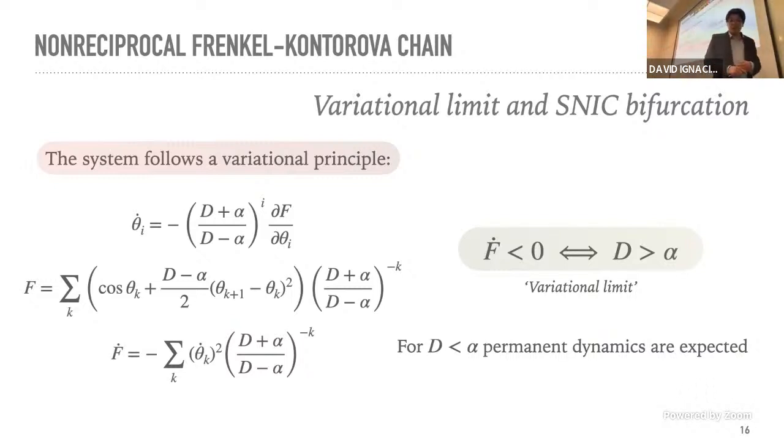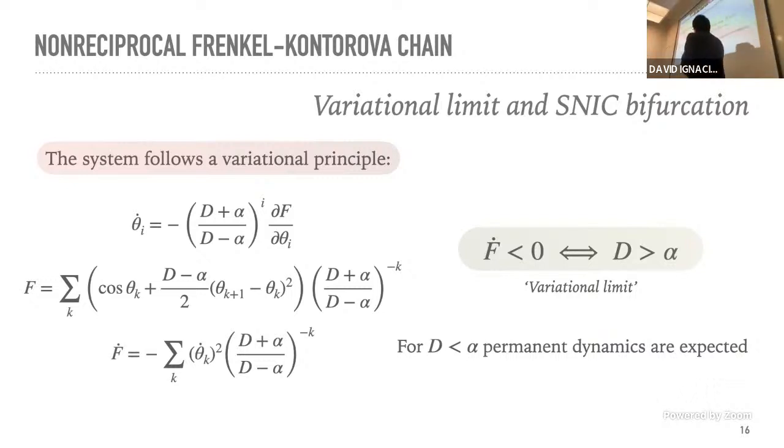So first, what I call the variational limit. I call it this way because the dynamical system has a structure in which it can be derived from a functional, a free energy that is usually called that, which has this shape.